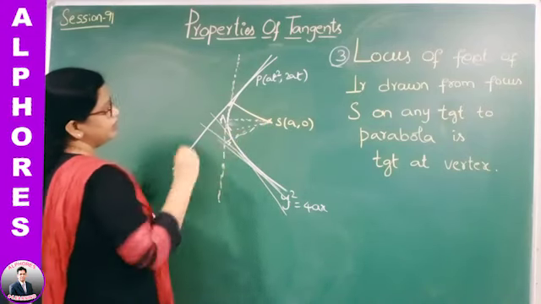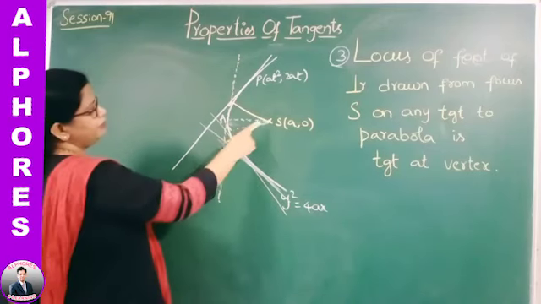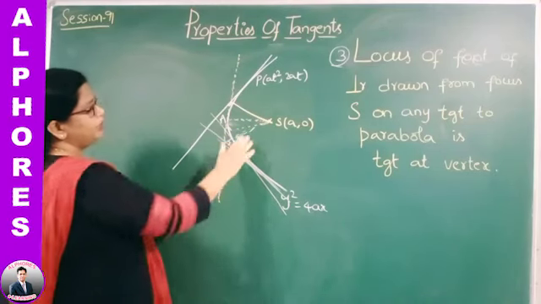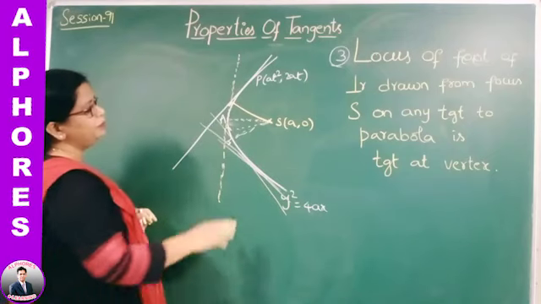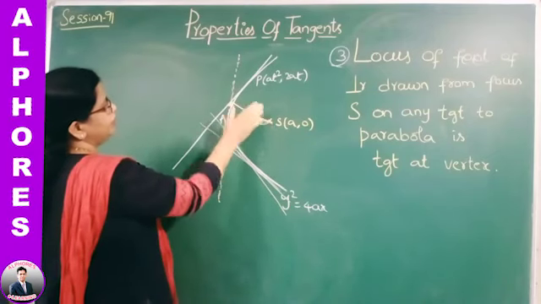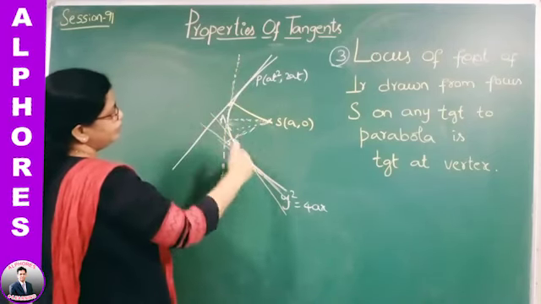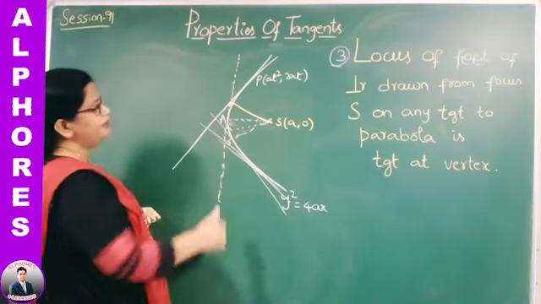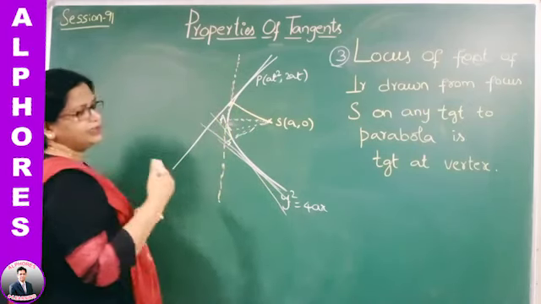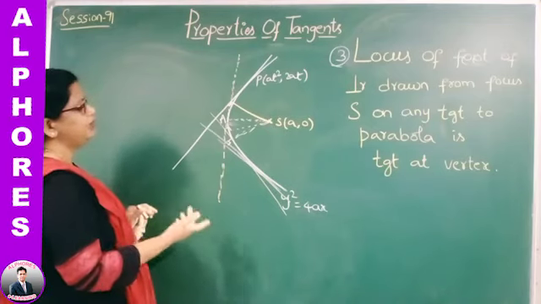So from the focus, a fixed point, the foot of perpendicular drawn onto any tangent always lies on the tangent at vertex. Then how can we do this proof?